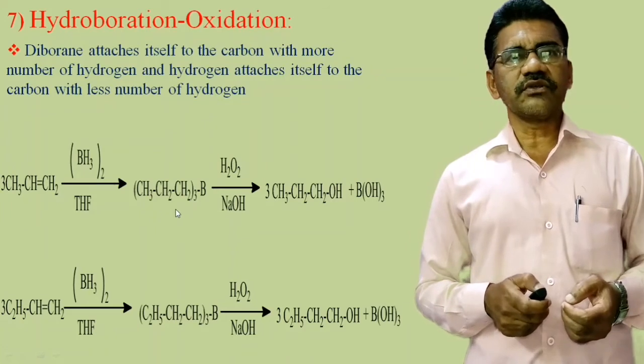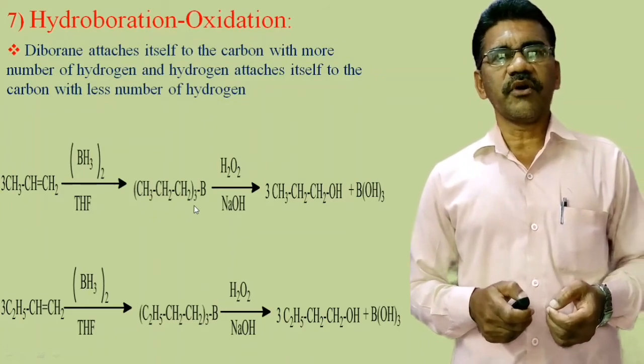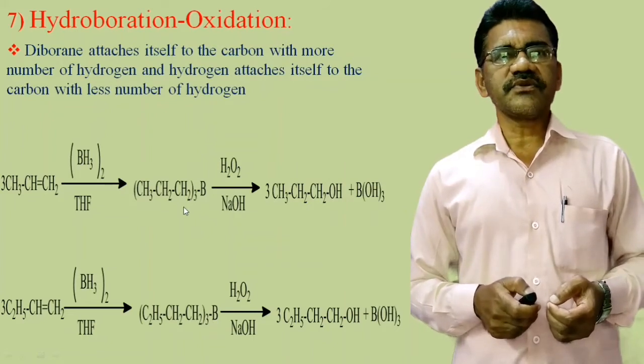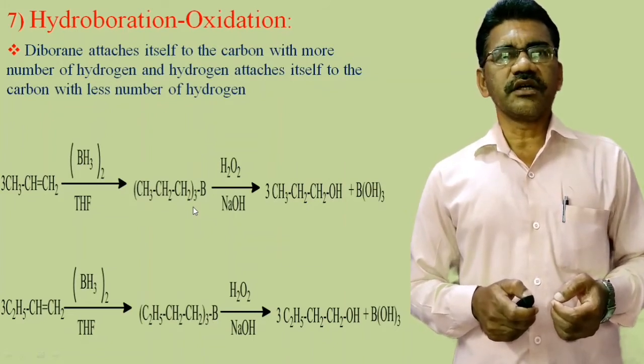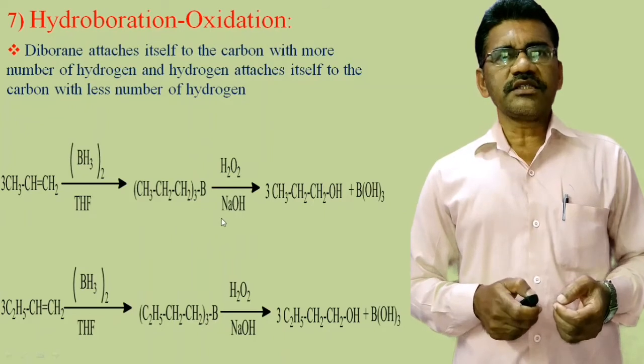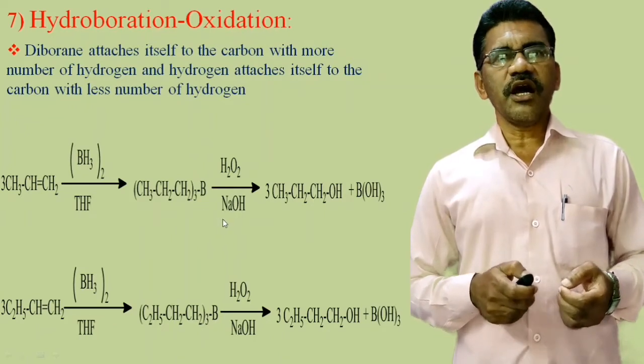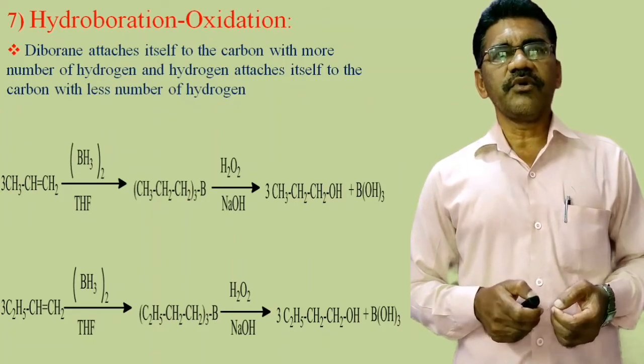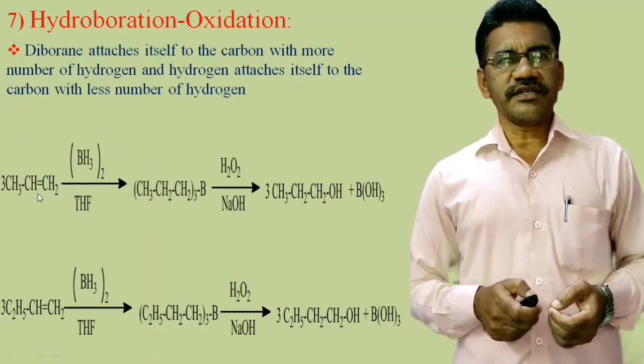Boron gets attached to that carbon which has more hydrogen atoms, and hydrogen is attached to the more substituted carbon atom, and this compound then hydrolyzes to produce the alcohol and boric acid.